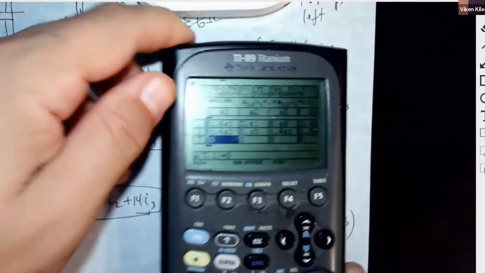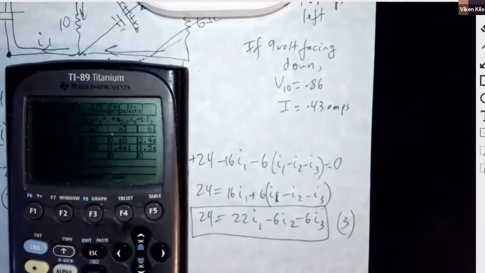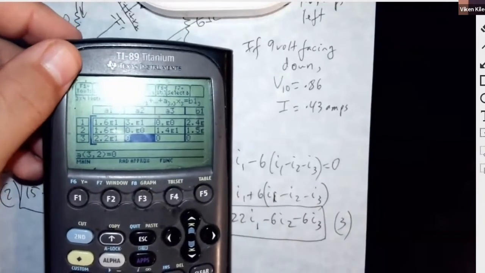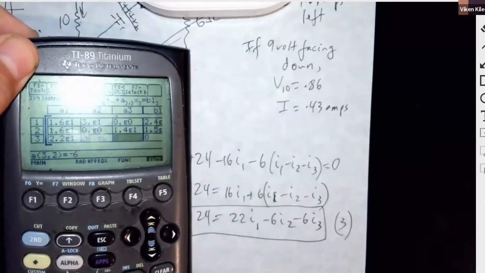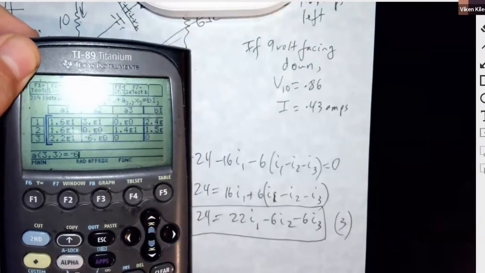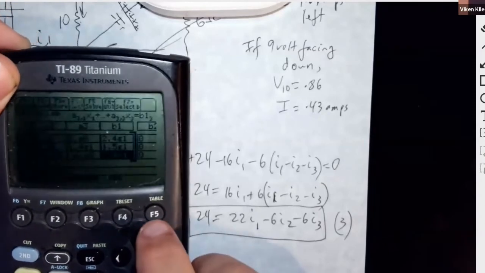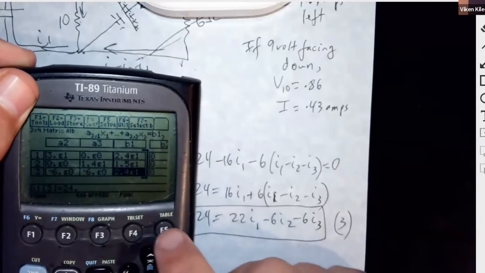Okay, and then the third equation, 22, negative 6, negative 6, negative 6, and it's equal to 24. Enter. Okay, then you press, you see here, the F5 button is solve.